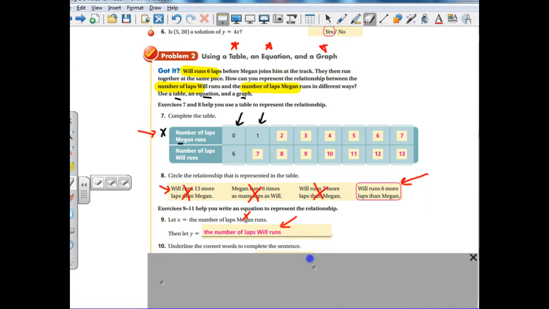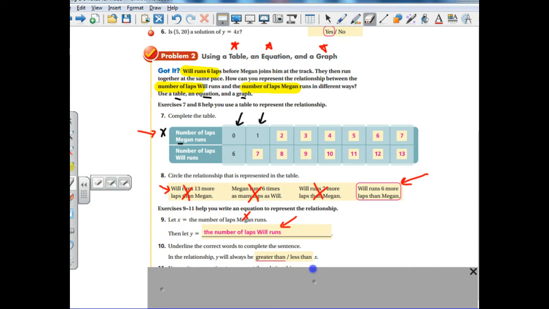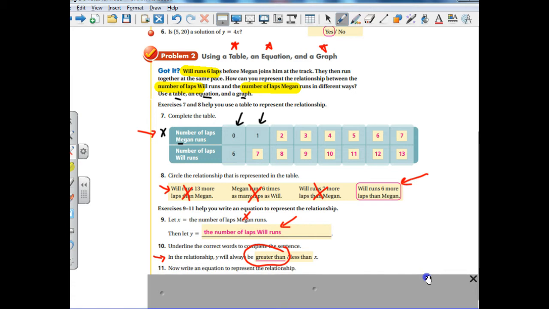All right, so if X is the number of laps that Megan runs and Y is the number of laps that Will runs, in this relationship right here, Y will always be, and here's what you've got underlined or circled, Y is always going to be greater than, because he had a head start. Unless Megan speeds up and outruns him, but that's not what happened according to our instructions.